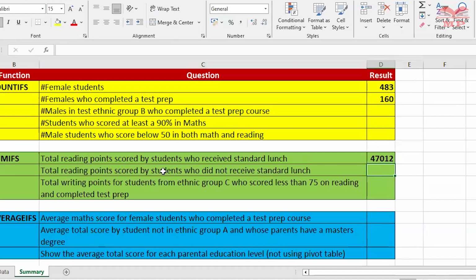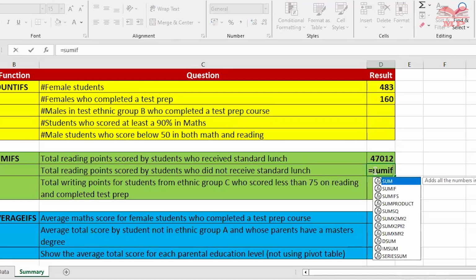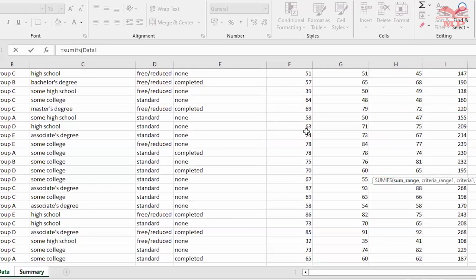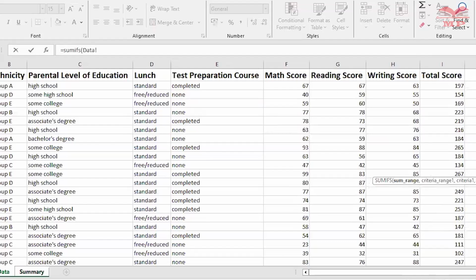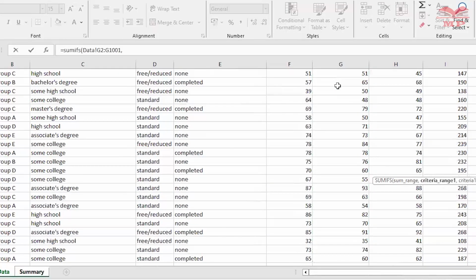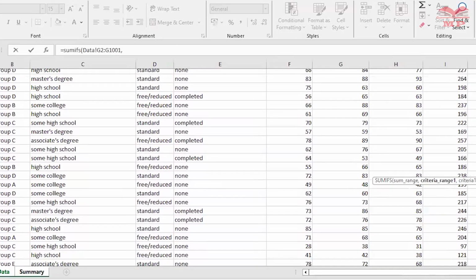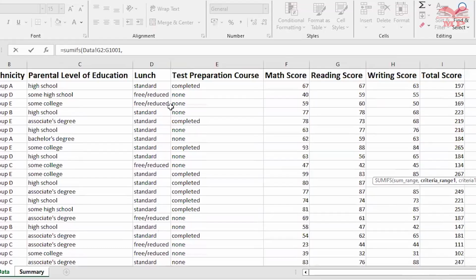Total reading points scored by students who did not receive standard lunch. That means other students. So we can still use sum ifs. Then the sum range is still reading points. So we go to reading points. Take this to the top, reading points. Then the criteria range is the same criteria range for lunch.